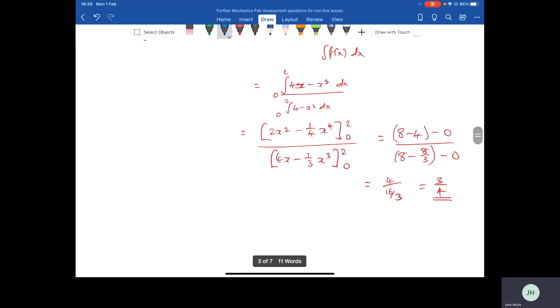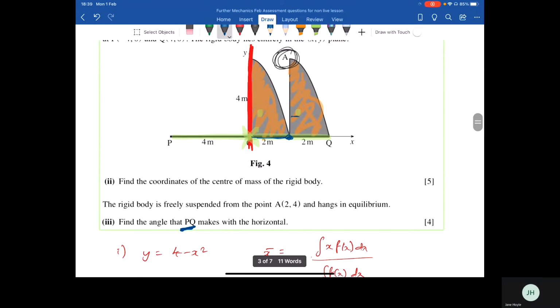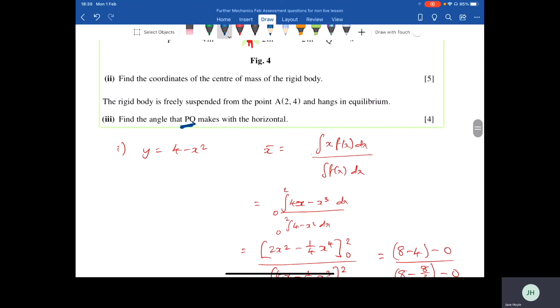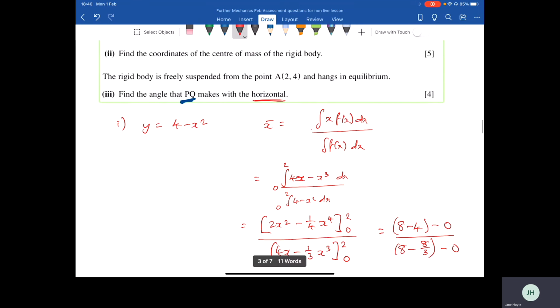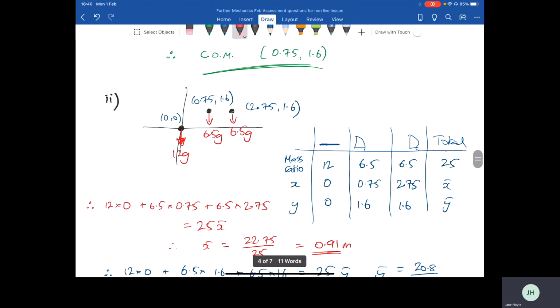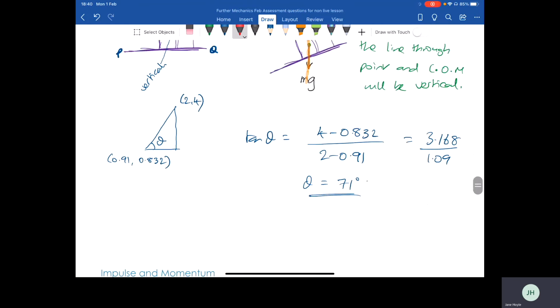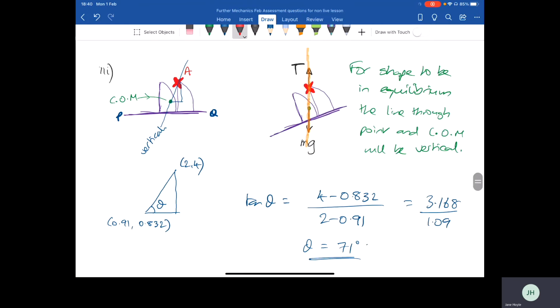Okay, let's just check I've got the right angle. Oh, okay. It says the angle that PQ makes with the horizontal. It seems a bit odd that it says horizontal, but easy enough. So I found the wrong angle. The horizontal would, of course, be this one here, but that just adds an additional line. I would obviously just now need to subtract that from 180.